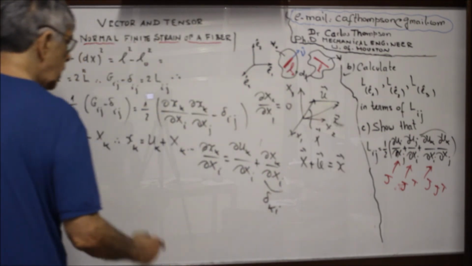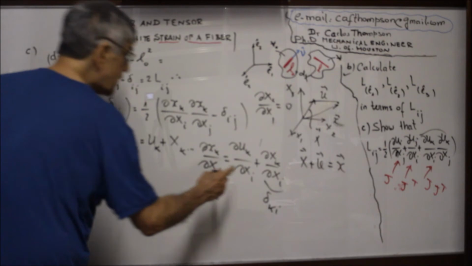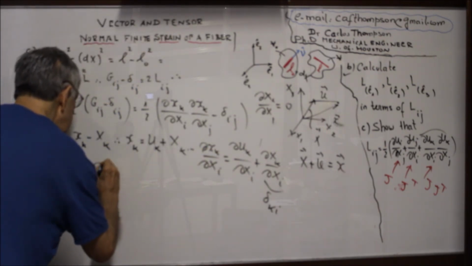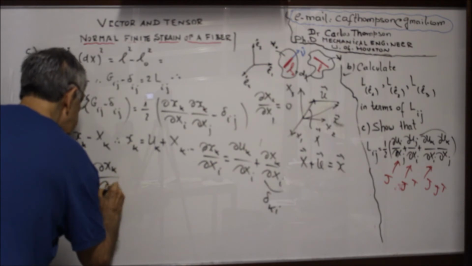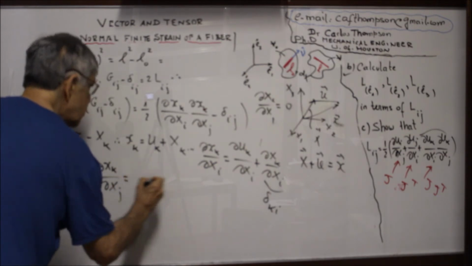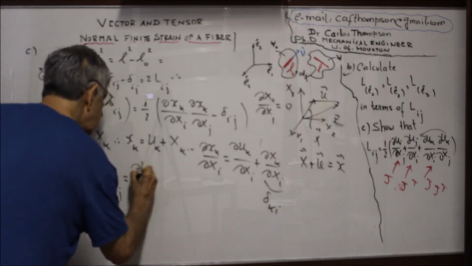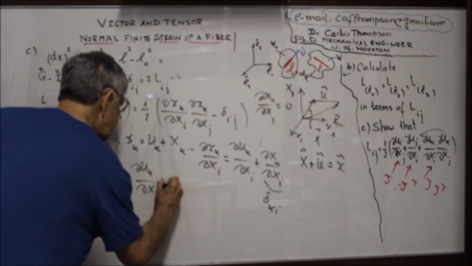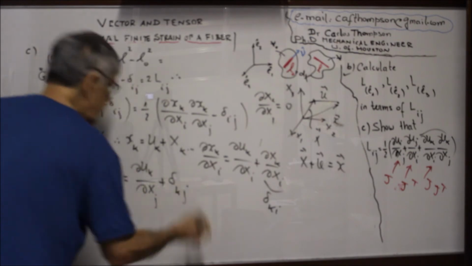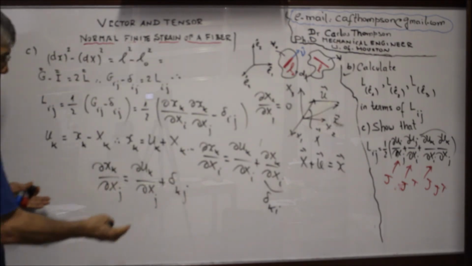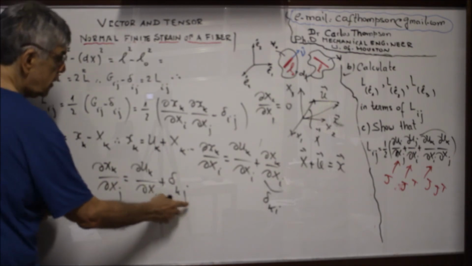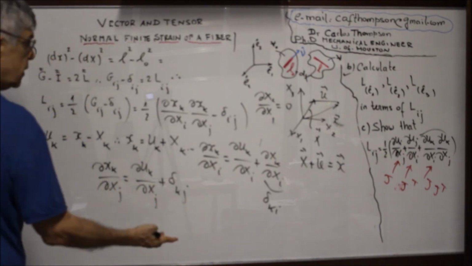Because when k is equal to i it is 1, and when k is different from i it is 0. So analogously, partial x_k with respect to X_j will be partial of u_k with respect to X_j plus delta_kj. It's easy, because when k is equal to j it is 1, and when k is different from j it is 0.